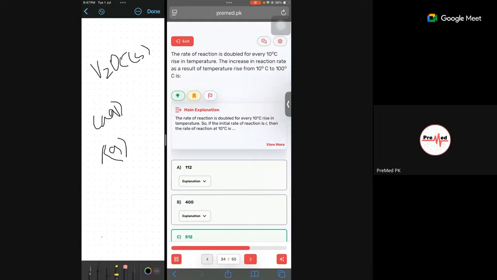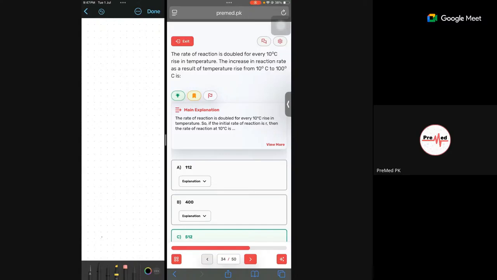Next one is a calculation-based MCQ. It is an easy one. Usually for calculations, the advice is that you should not use the calculator at all, because in the paper it would help you do quick calculations. In this particular MCQ, the rate of reaction is doubled for every 10 degrees.